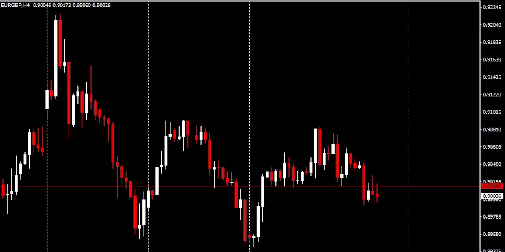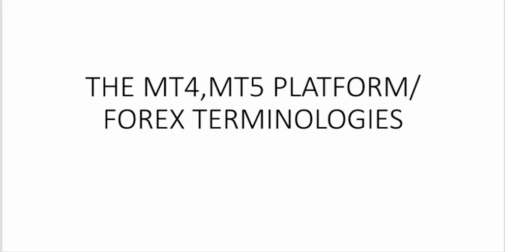So today I want to quickly explain the MT4 or the MT5 platform, how we use this to trade the Forex market, and terminologies you need to know as a Forex trader. So let's get to the business of today. The MT4, MT5 platform and Forex terminologies.